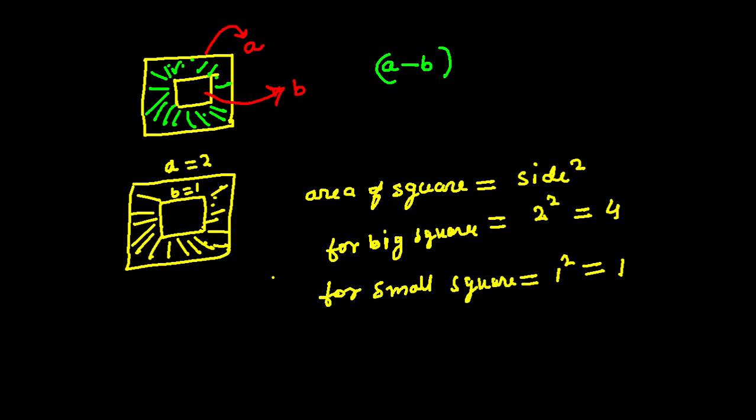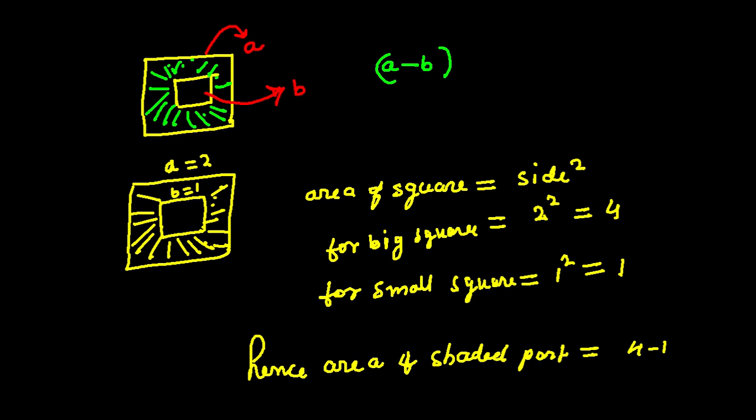So you will simply subtract, and hence the area of the shaded part will be 4 minus 1, and that is 3. Since no unit is given, you will write unit square, and that will be the answer. So the area of this shaded part will be 3 unit square.